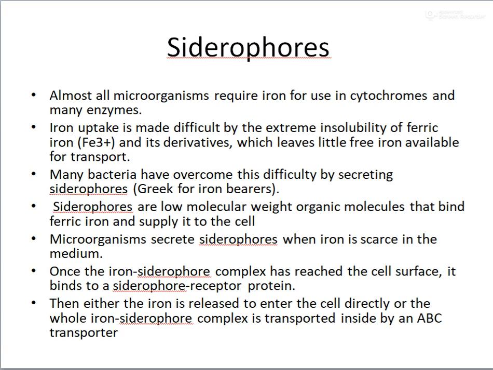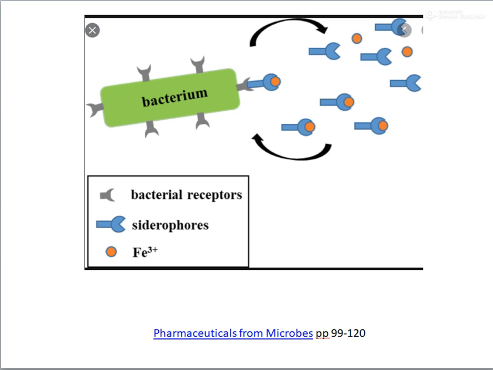Once the iron-siderophore complex has reached the cell surface, it binds to the siderophore receptor protein. Then either the iron is released to enter the cell directly, or the whole iron-siderophore complex is transported inside by an ABC transporter. So you can just have a look like this. If this is a bacterium, it has receptors for the siderophores. The siderophores have a very high ability to bind with iron.